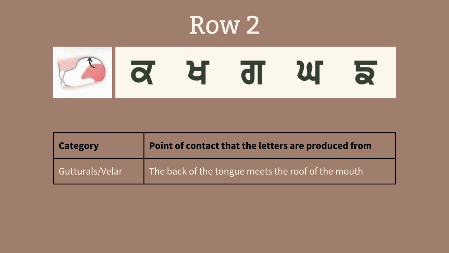All the letters in this row are produced when the back of the tongue meets the roof of the mouth. Try it and see. Again. Kakka ka, khakha kha, gagga ga, kagga ka, nganga nga.